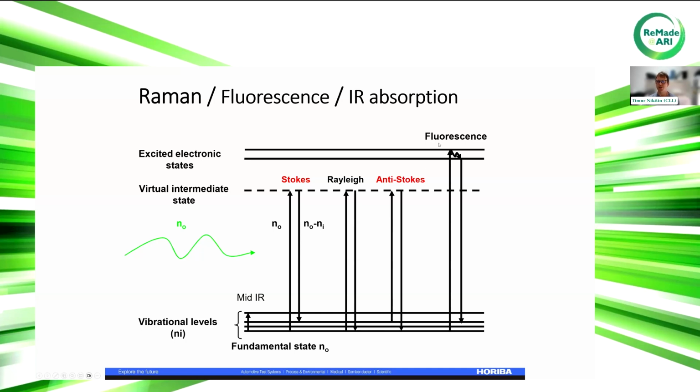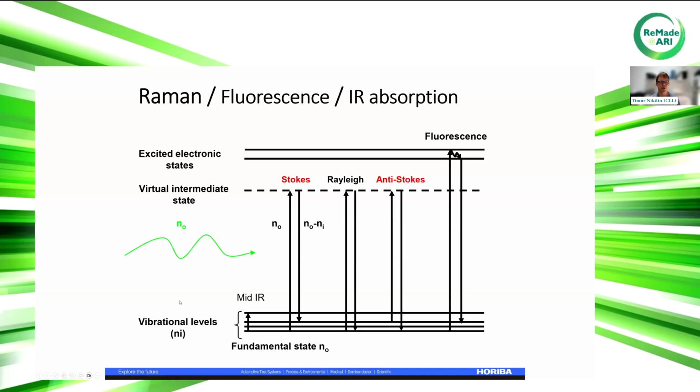Another process, marked here on the diagram, is fluorescence, which is unfortunately not desirable in Raman spectroscopy because it is much more efficient and gives a huge background which will hide the Raman signals. We will touch on this a bit later.